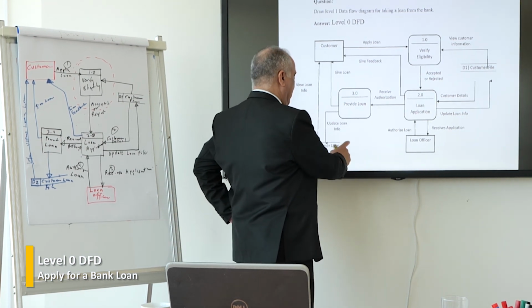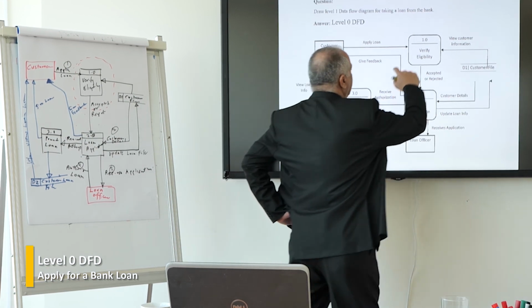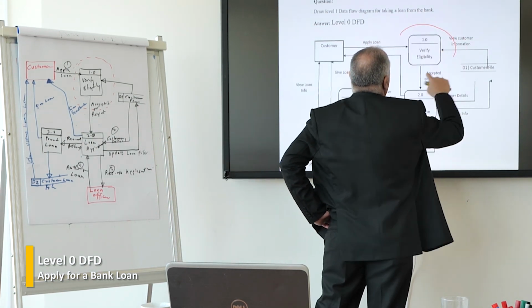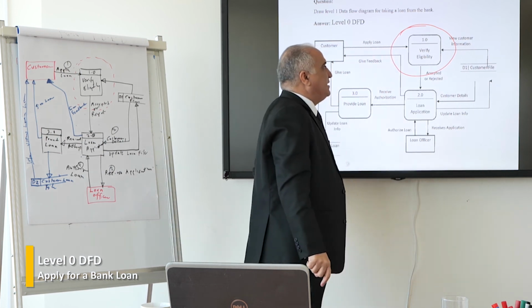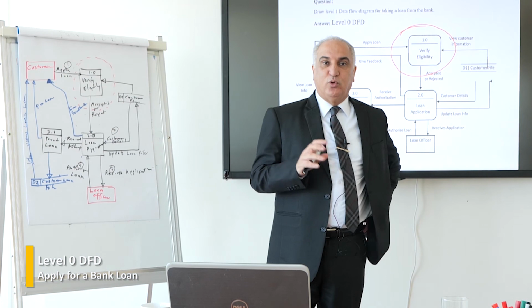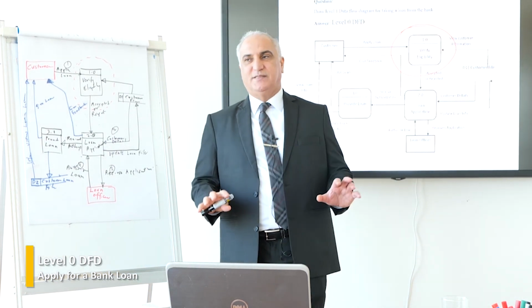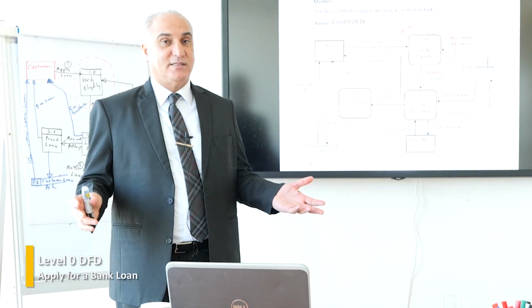Take an example. I want to come to this eligibility process, and I want to ask myself a question. Can I really break this eligibility process program? Can this process break down into several processes? The idea is yes.